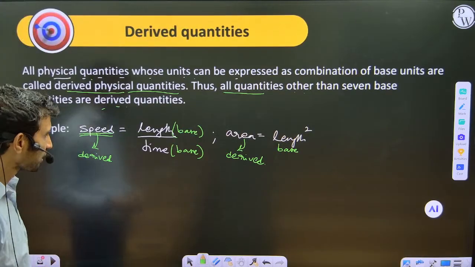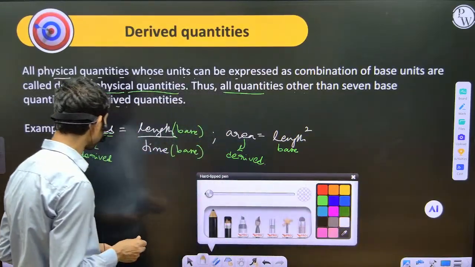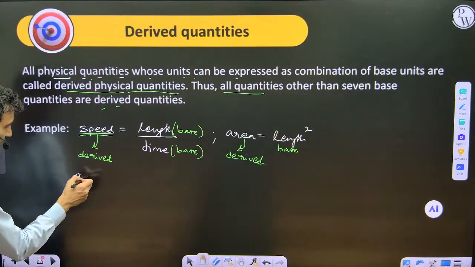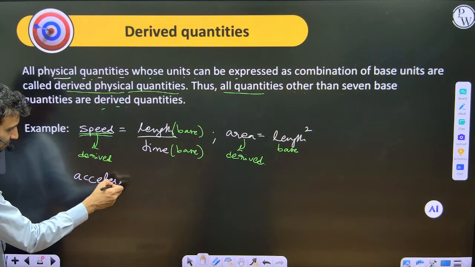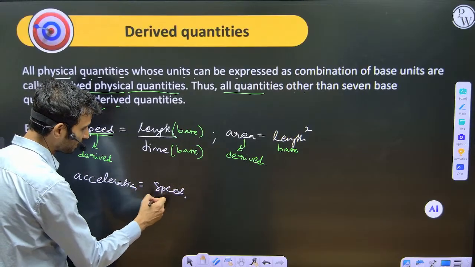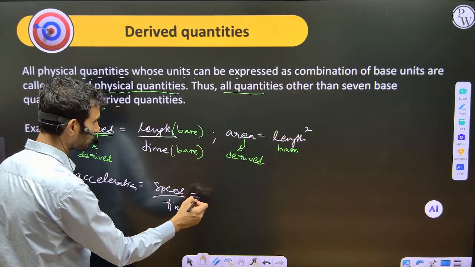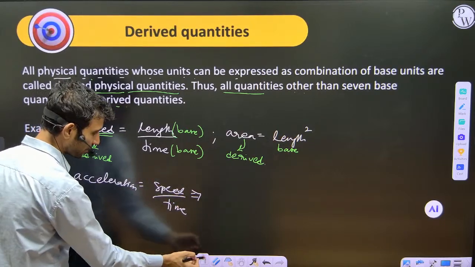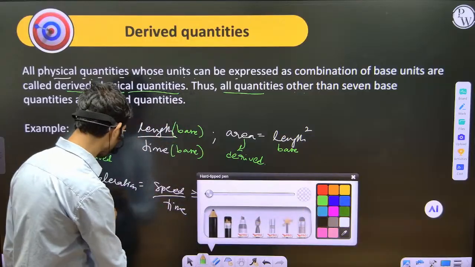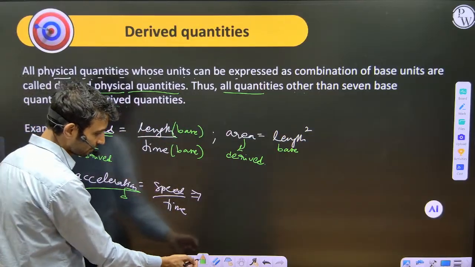Now, can you give me more examples of derived quantities? What about acceleration? Acceleration is speed by time basically. So acceleration will become a derived quantity. Why? Because it is dependent on speed and time.